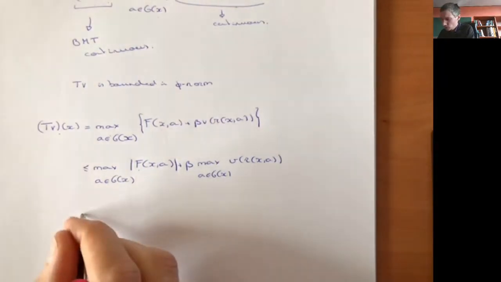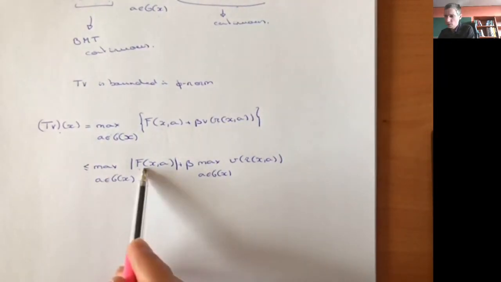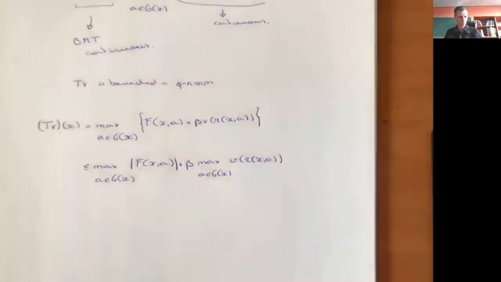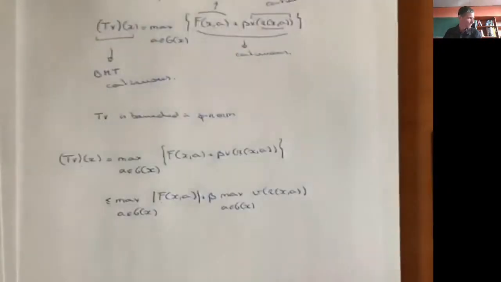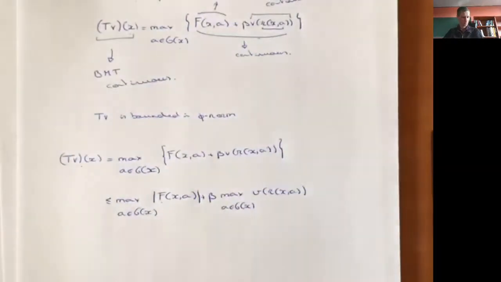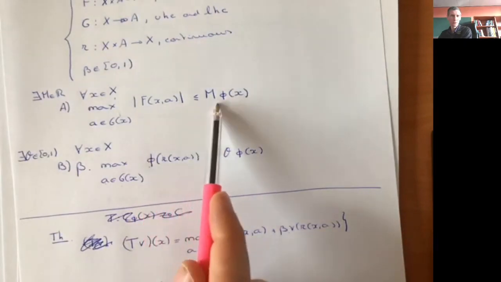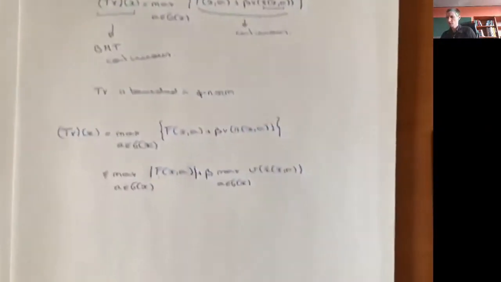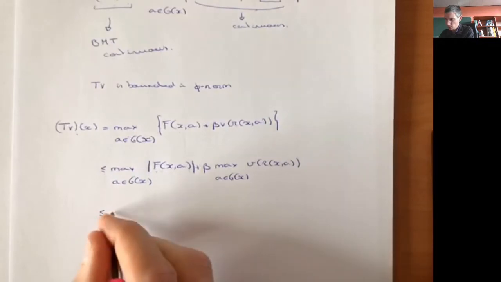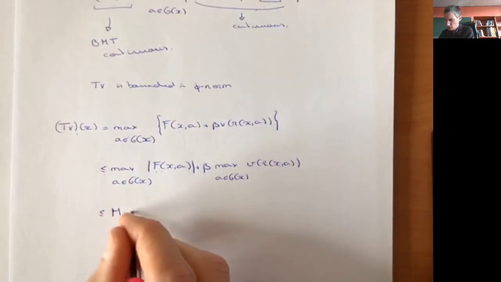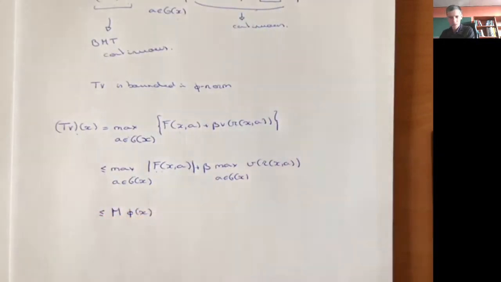Because of my assumption, I don't remember how I called it, here I found it, this condition here, I know that the first term is less or equal to big M times phi of x.